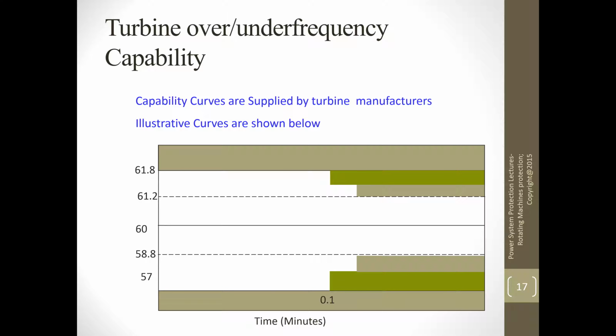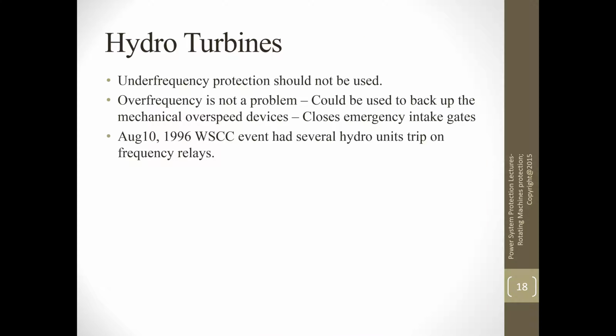If you look at it, 61.8 to 57, anything above or below this is a prohibited region. And 0.1 minutes you can run from 57.5 to 57. Essentially you try to trip the generator in 15 cycles if you hit these frequencies, or instantaneously at these frequencies.